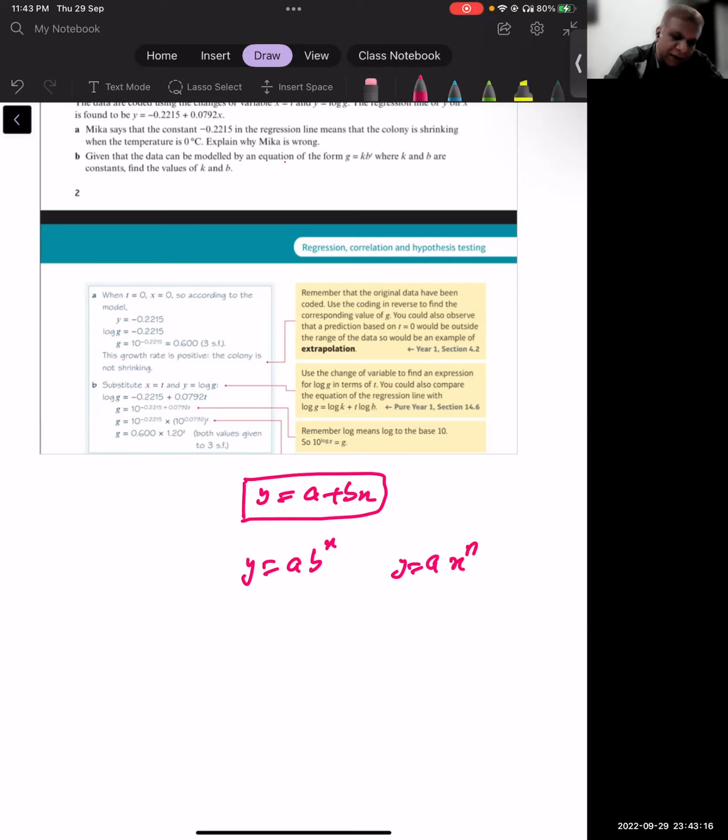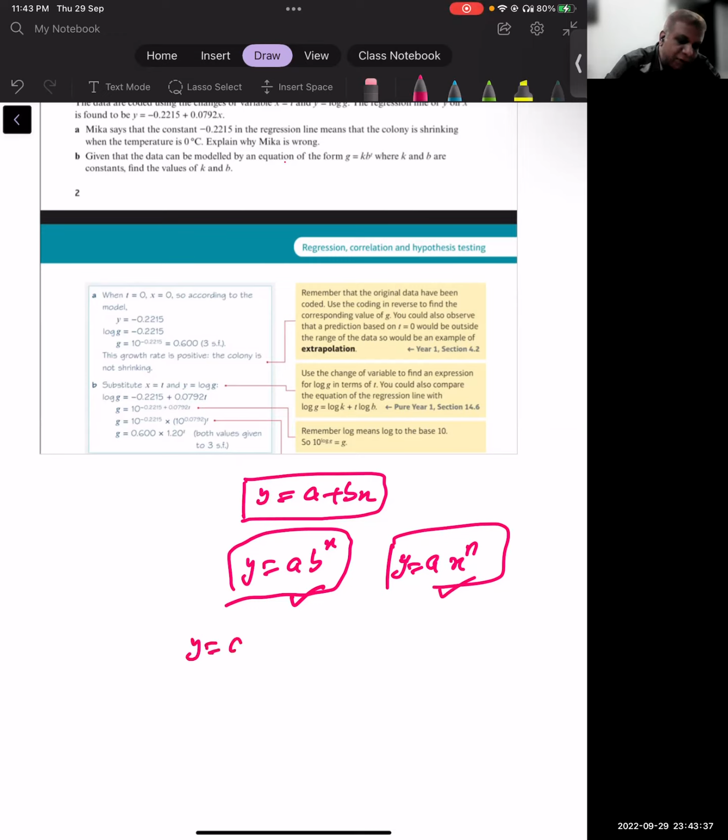This could be another line. Sometimes you may be given this line and sometimes that line to find out. Now, how to do this?